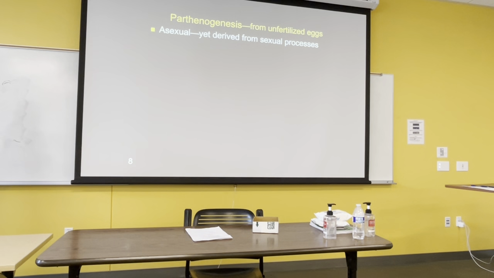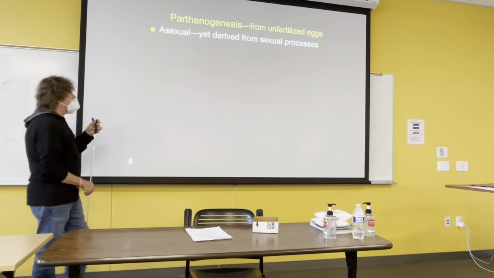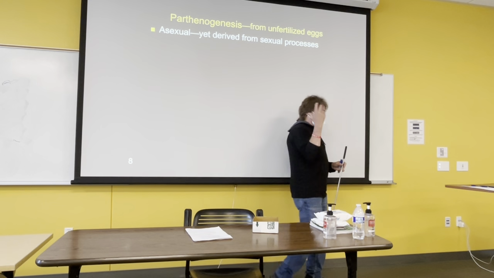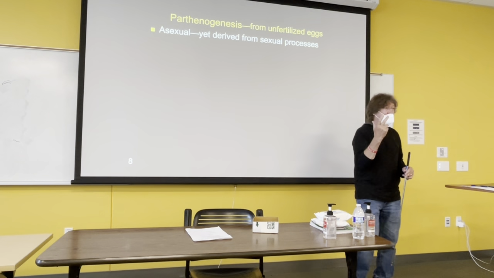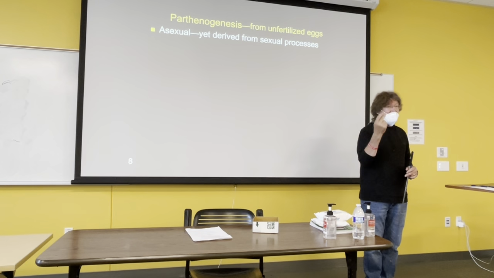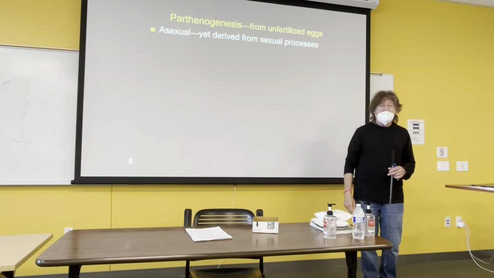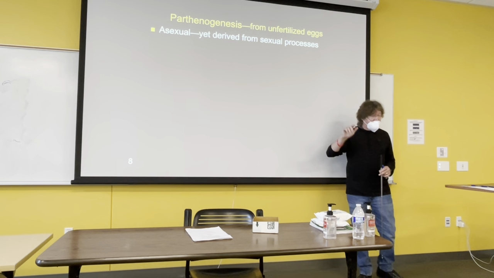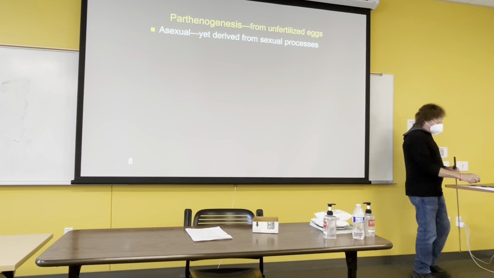So it's sort of a backwards type of evolution. It's called parthenogenesis, the development of individuals from unfertilized eggs. Eggs are produced by meiosis, usually a sexual cycle, but here it is asexual in that there's no fertilization of the egg. This is what is referred to as parthenogenesis.